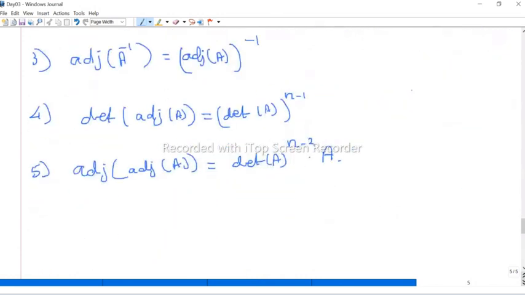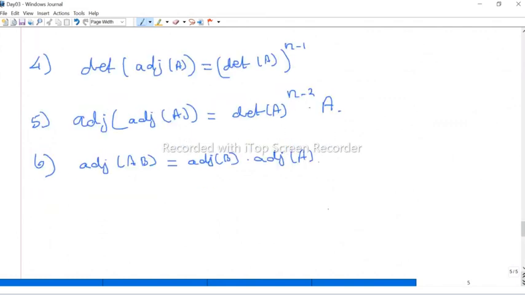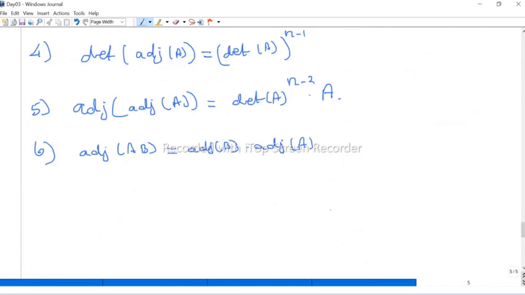And then another property of adjoint. What is the adjoint of the product of two matrices? The adjoint of the product matrix AB is equal to adjoint of B into adjoint of A. This property is very important. It is a reverse property.